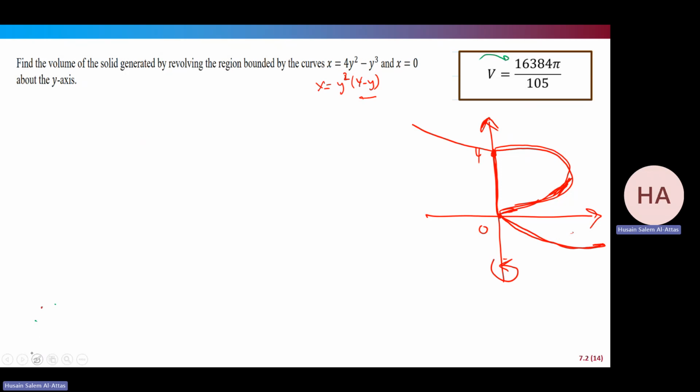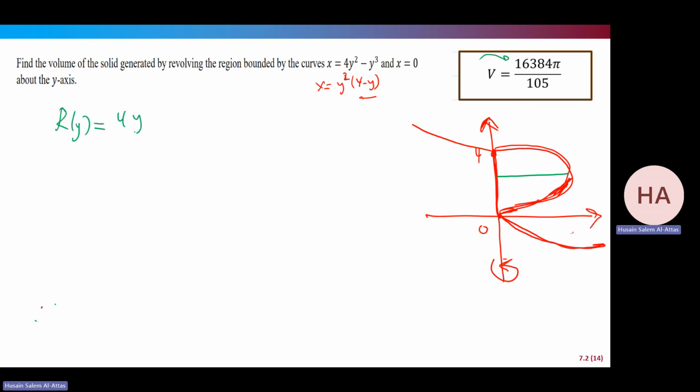So that means my line should be perpendicular to this, so it will be like this. That will be my line. So I will make the calculation now this way. Now r of y will be what?